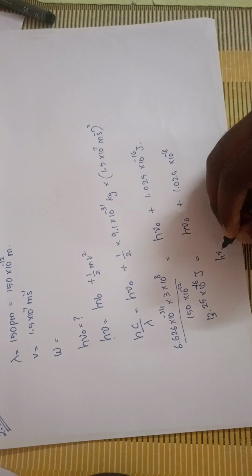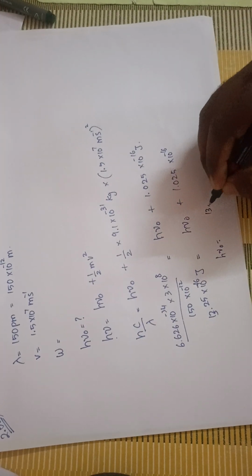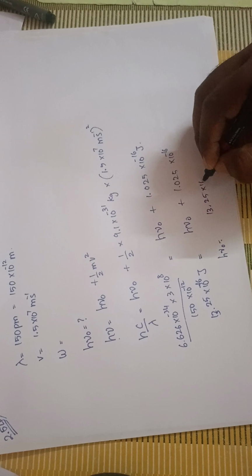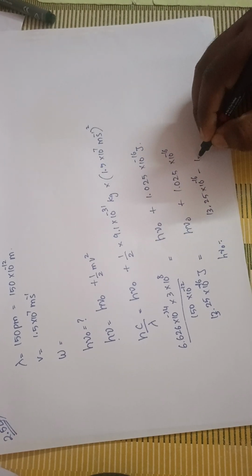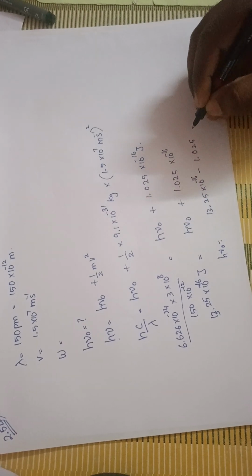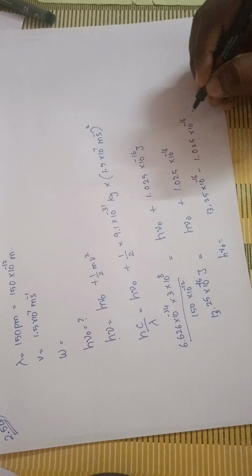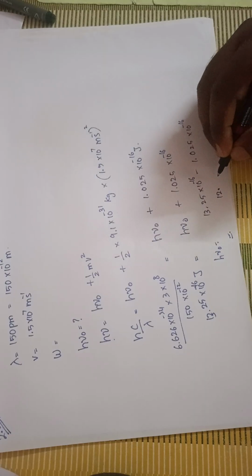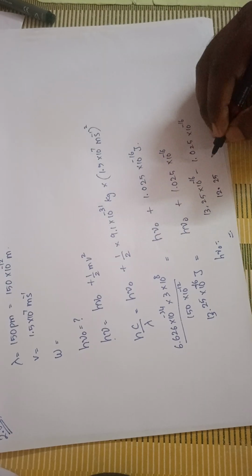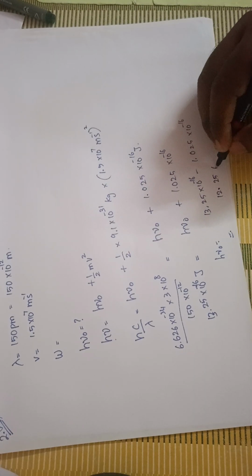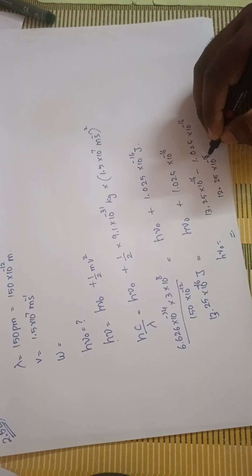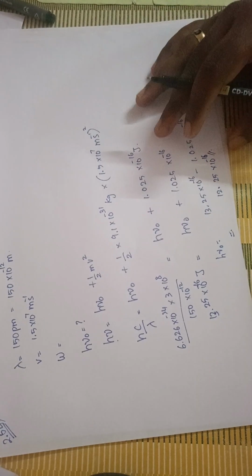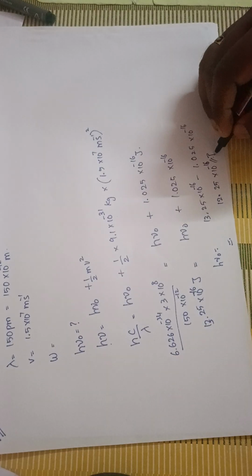So h mu naught equals 13.25 into 10 power minus 16 minus 1.025 into 10 power minus 16, which will be equal to 12.25 into 10 power minus 16 joules.